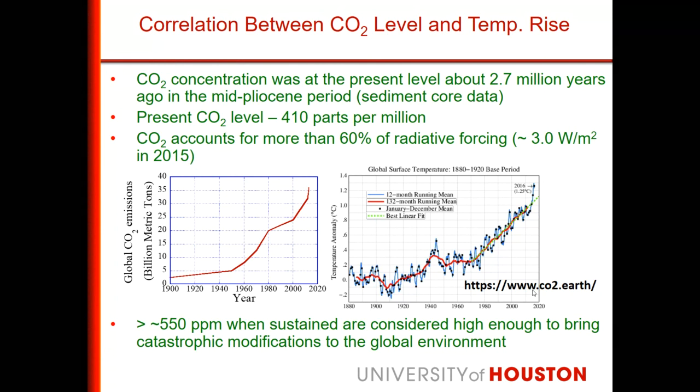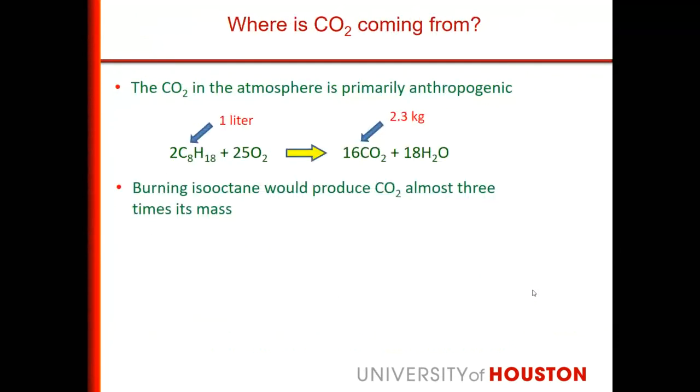Then we started using oil extensively, though we were using coal before, and it was increasing. Now you can see the slope of the curve of carbon dioxide, and this matches very well. If you overlay this, it will match very well. So that will clearly say what is the effect of burning the hydrocarbon fuels.